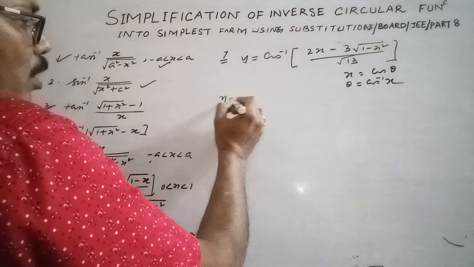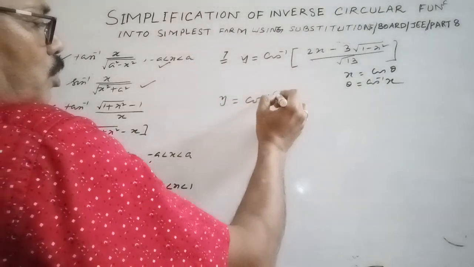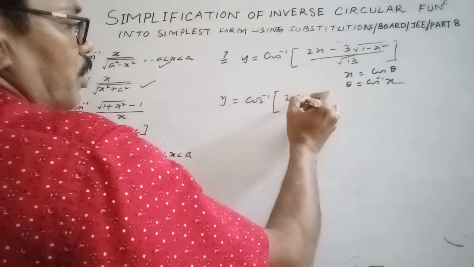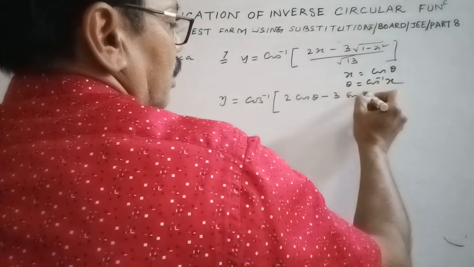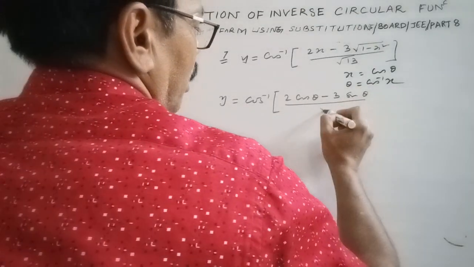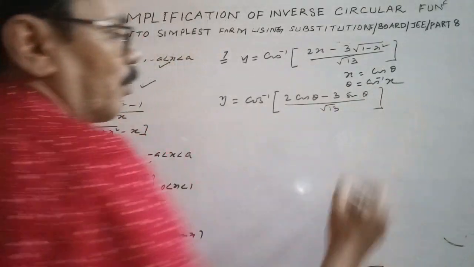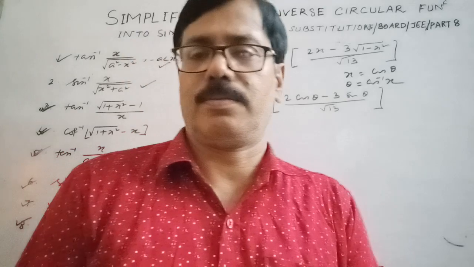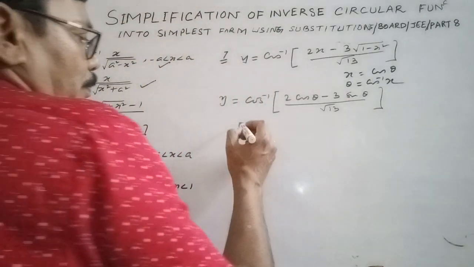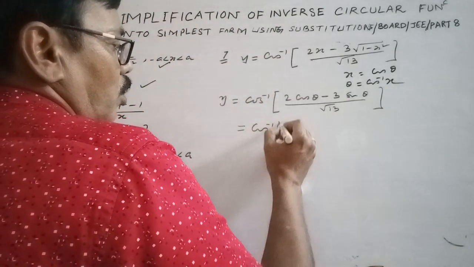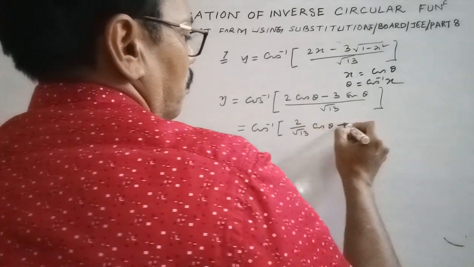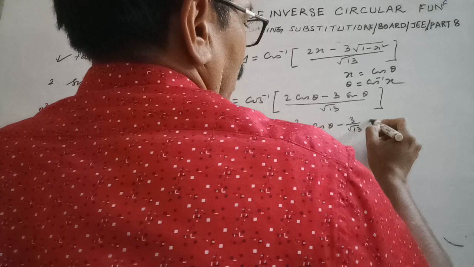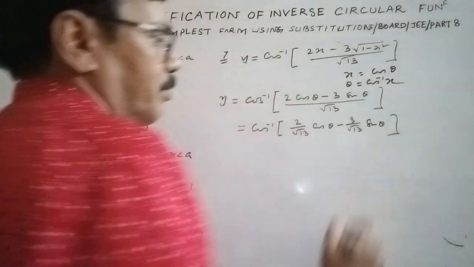Now our first step is to remove the root: 2 cos theta, and 3 root over 1 minus cos square theta, which is sin theta, by root of 13. Now write it in this form: cos inverse of 2 by root 13 into cos theta minus 3 by root 13 into sin theta.